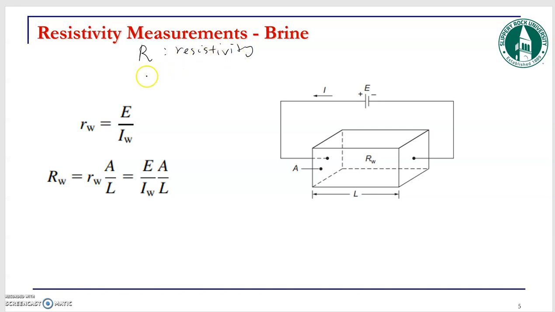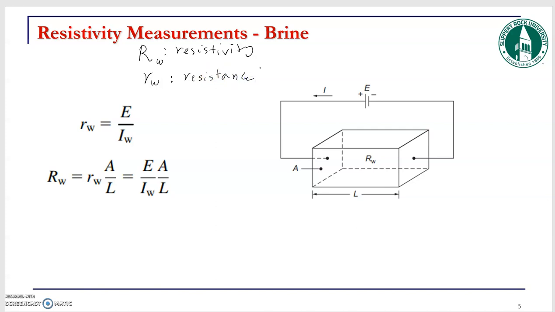We have another parameter here. Let me put W, which represents the brine. Lowercase letter r, W, is called resistance. They are slightly different.